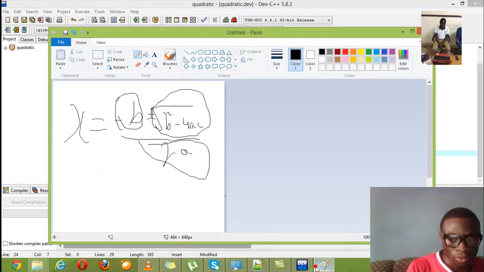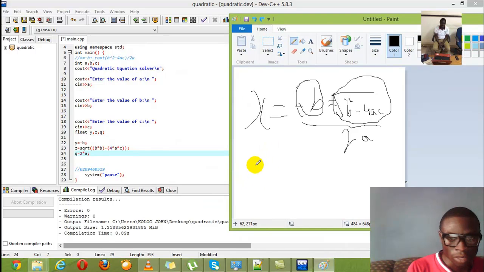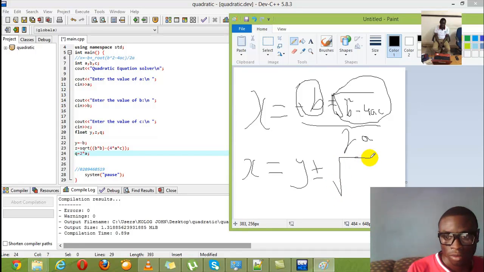Now the new formula will then become x is equal to, in C++, if you want to put, minus b, which is your y, plus or minus the root of, y plus or minus z, because the root of this root has been stored in a variable called z.